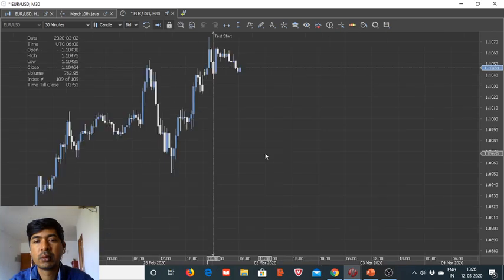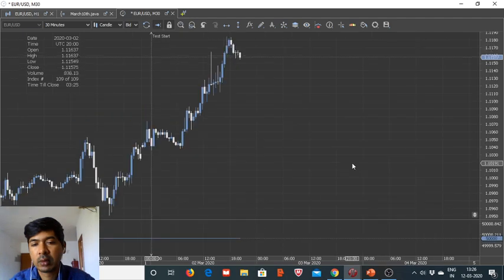This is our algorithm at work. No trade was executed on the Monday last week. It will be interesting to see how it unfolds.